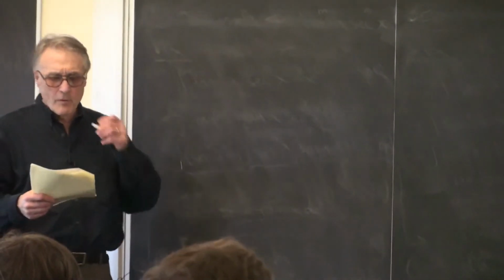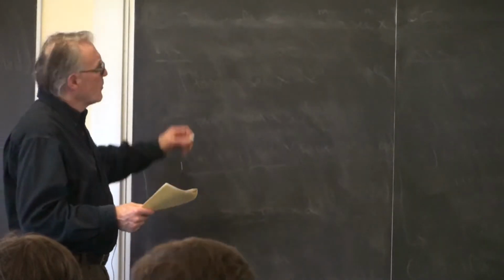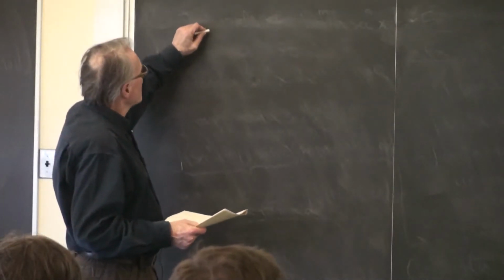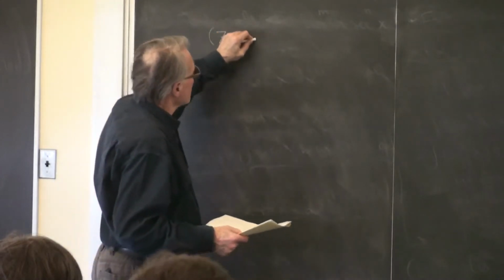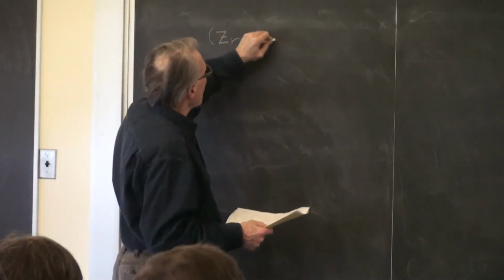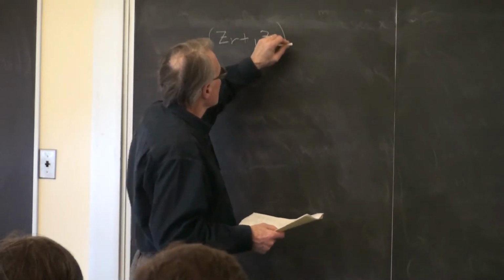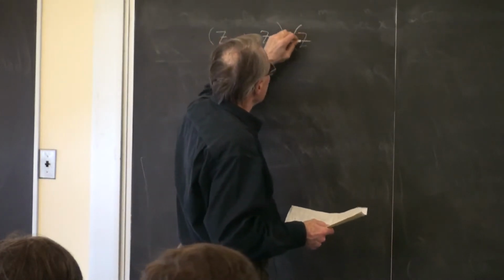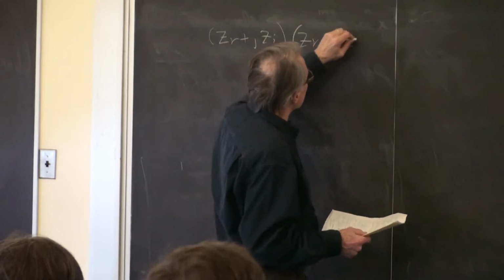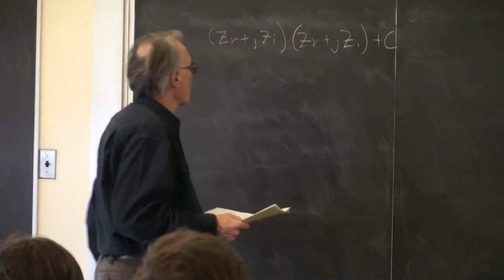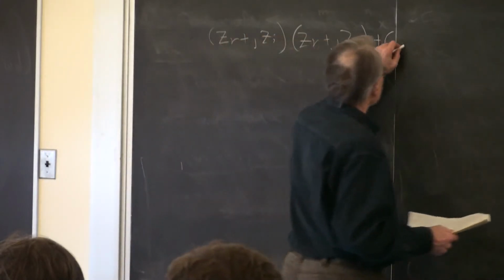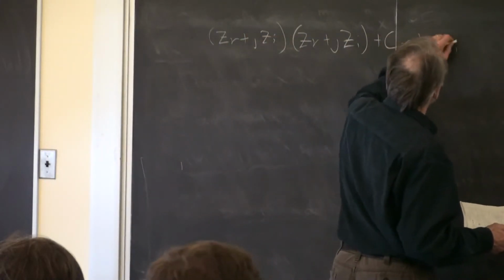So thinking a little bit more about this iteration, what we're going to be iterating is z real plus j zi times z real plus j zi plus c. Let's make it cr real plus jci.